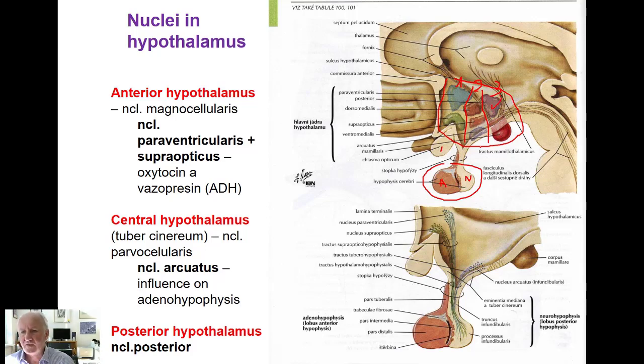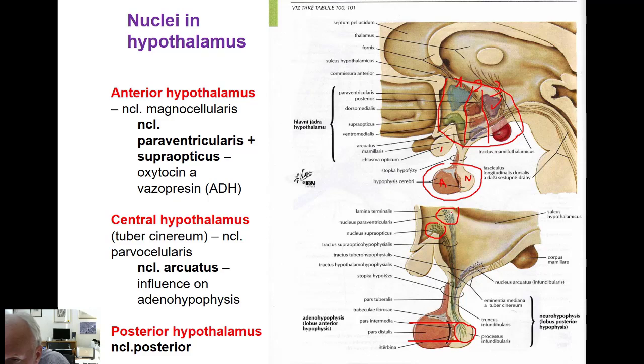And now you see on this bigger scheme that the neurons are sitting in the nucleus, and axons are running down through the infundibulum, and ending, as you see, in the neurohypophysis. Here is the end of those axons. They are even forming pathways which are called tractus.